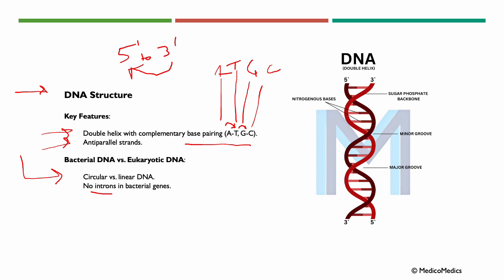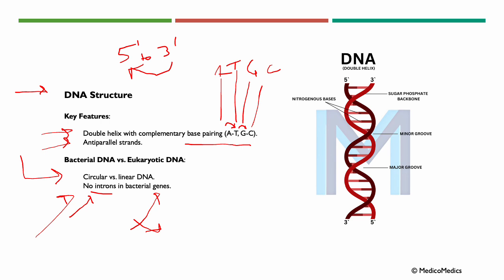These are non-coding sequences, whereas eukaryotic genes contain introns and exons. We have more detailed discussions of these in our cell biology courses, but for now, just pick up on the fact that there are some key differences. So there are no introns in bacterial genes, while for humans, we will find introns and exons.